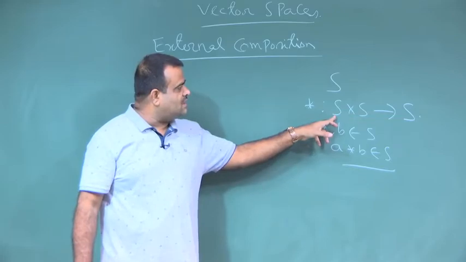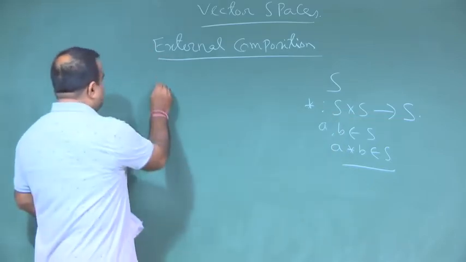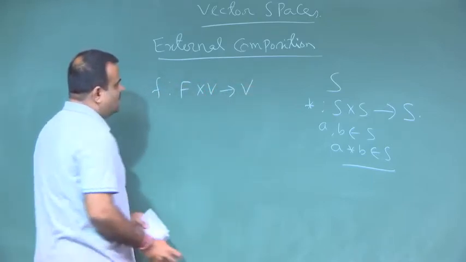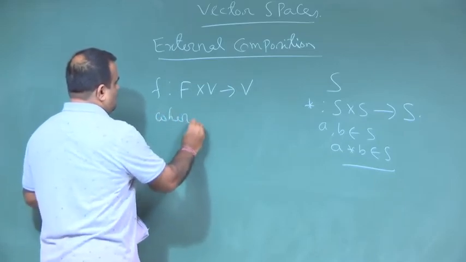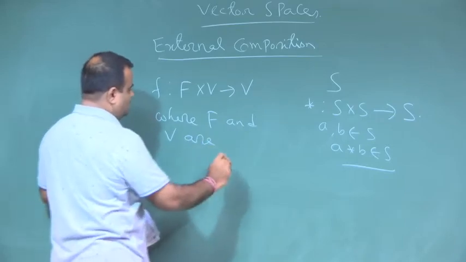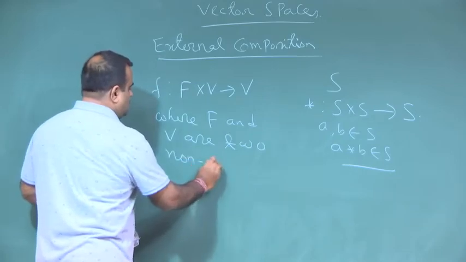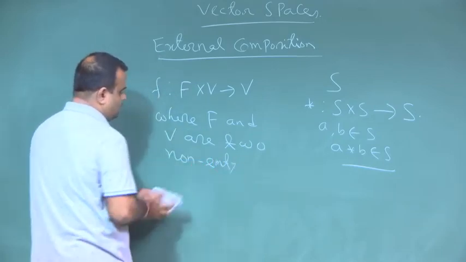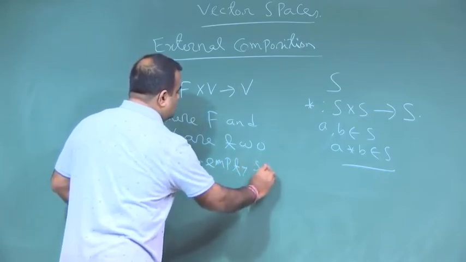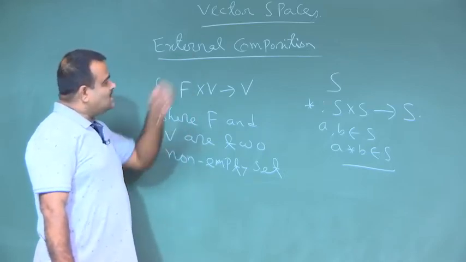But instead of that, if the sets are different, like if we have a function f cross v to v, where f and v are two non-empty sets, then this type of function is called external composition.